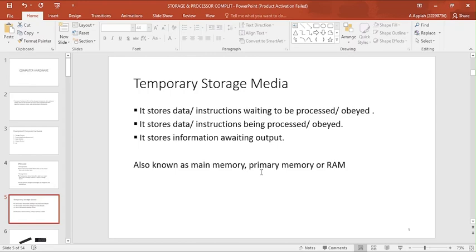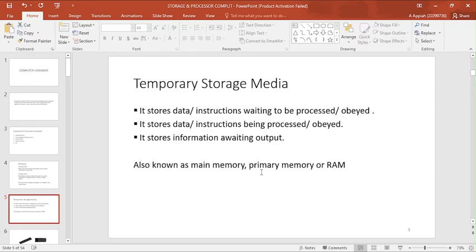So three key things to observe under the temporary storage media. It allows data to be stored waiting to be processed, data or instructions that are being processed are also stored, and data or instructions awaiting output are also stored.